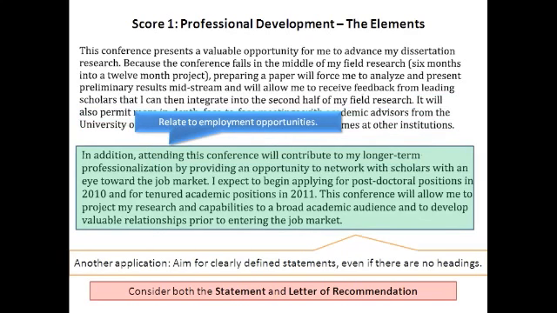Third, relate to employment opportunities in specific terms. Please note that the judges will look both at the statement and at the faculty letter of evaluation for information regarding the relevance of the conference to your research and professional development.